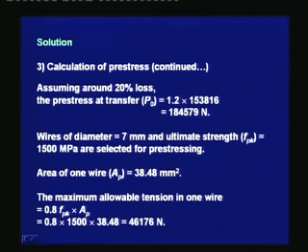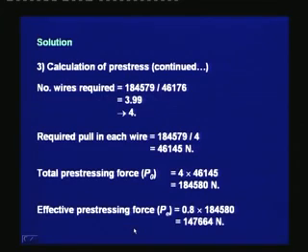Selecting wires of diameter 7 millimeters and ultimate strength FPK equal to 1500 MPa, we are calculating the area of prestressing steel. Area of one wire is 38.48 millimeters square. The maximum allowable tension in one wire is equal to 0.8 FPK times AP, which is 46176 newtons.